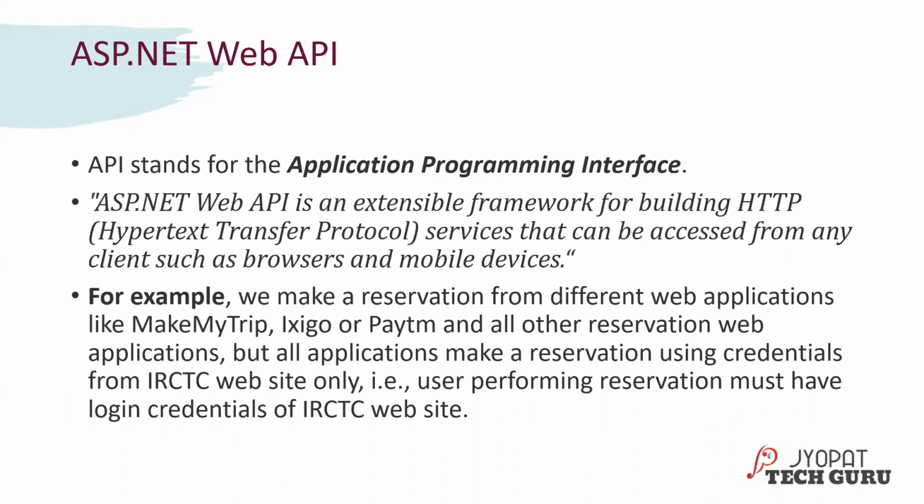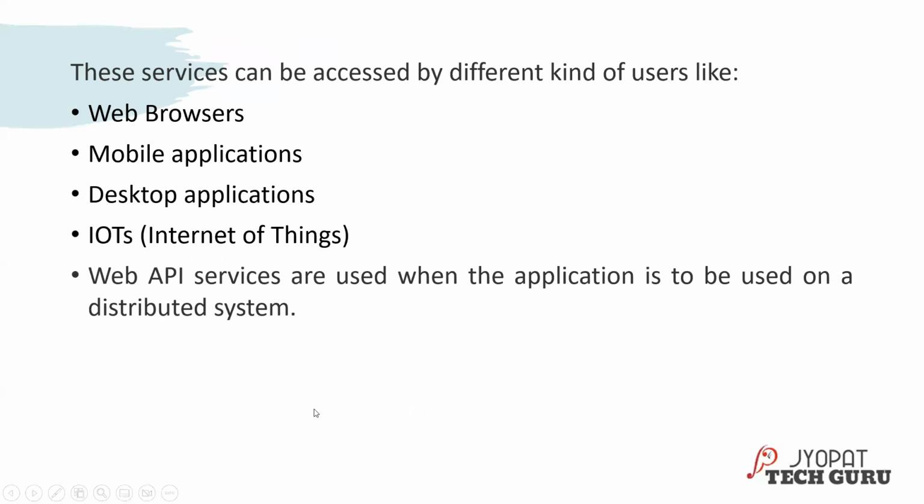That is, a user performing reservation must have login credentials of the IRCTC website. So you can just imagine, the IRCTC API is used by different websites to get our login. But it will always see to it that you should have a valid login with respect to IRCTC. So we are using the Web API, the application programming interface, with respect to IRCTC.